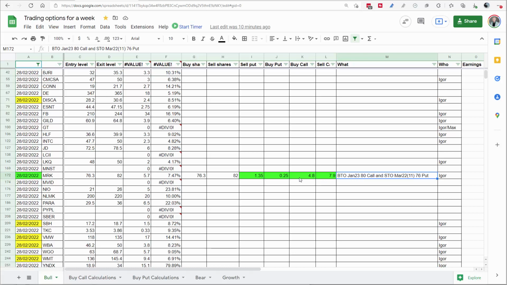That's what I'm paying for. Then if I sell the put, I put sell to open March 11, 76 put. So the person looking at this table understands what is happening in this particular trade, and if they want to repeat it, they can evaluate it.